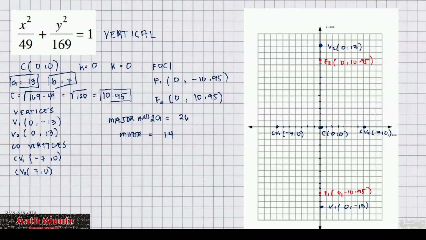Then we will graph it here. So this is the graph of your ellipse. Let's proceed with your fourth example.